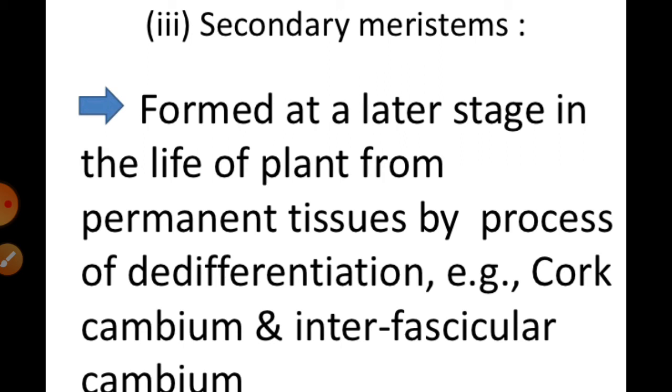Generally, the primary meristem is found at the apical portions, but after growth of the plant, these secondary meristems are present at the lateral positions in the root as well as the shoot. So the primary permanent tissue acquires the power of division and becomes meristematic.